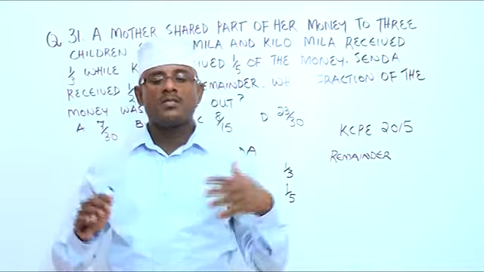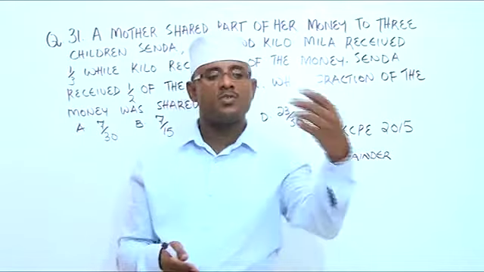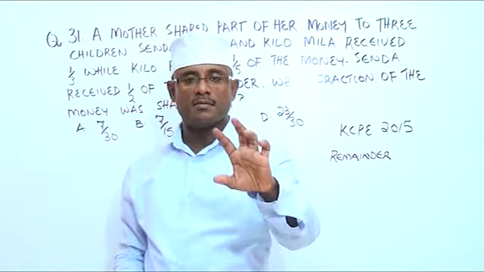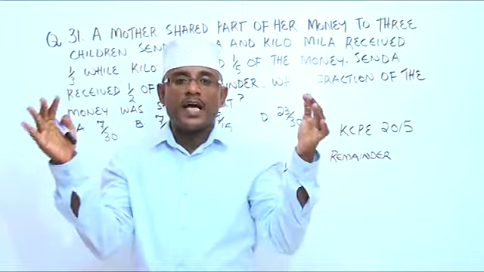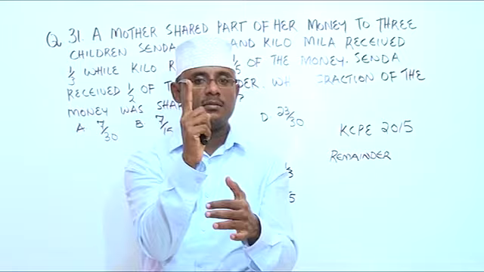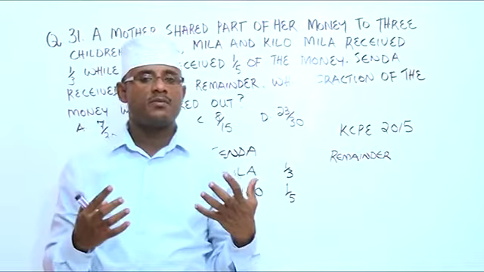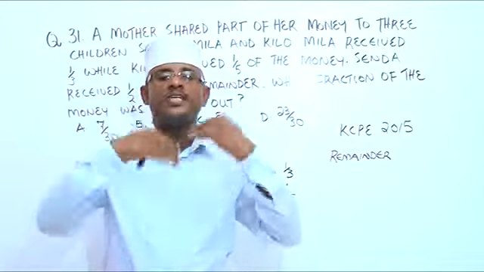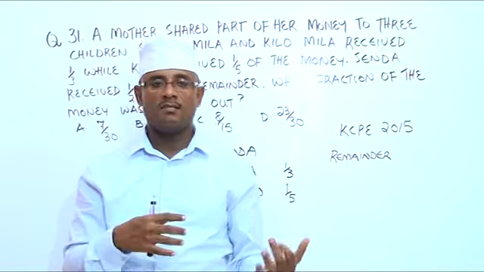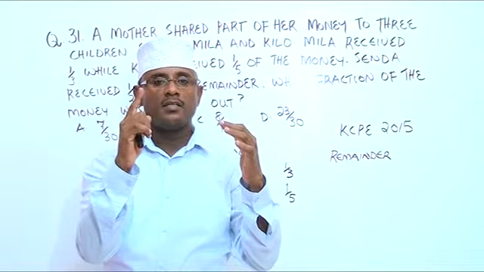Because if something is divided into fractions, this fraction is given to this person, another fraction is given to another person. But if you bring the fractions together, they will give you one whole thing. So the money which the mother has from the beginning is 1 whole before it is split into fractions given to the children and some for herself.